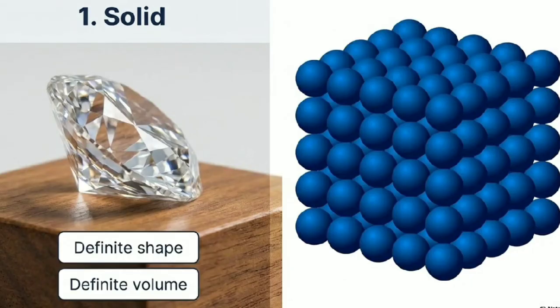First we have solids. A solid has a fixed shape and fixed volume. Examples are stone, chair, book, and ice cube. In solids, the particles are packed very closely together.